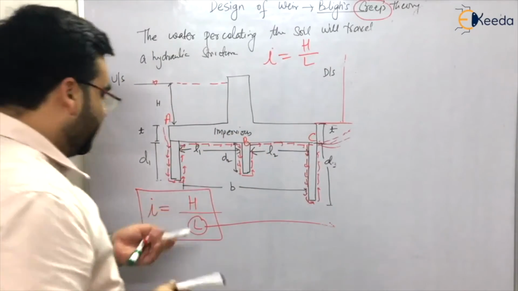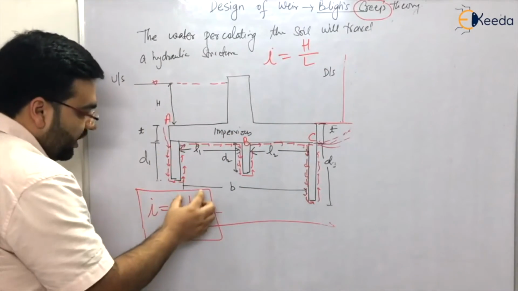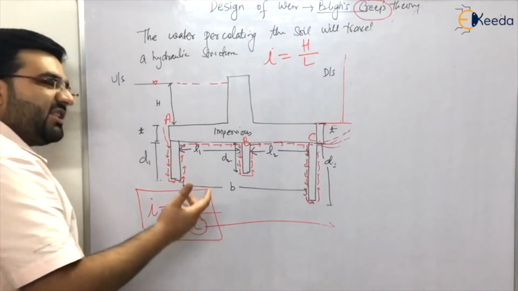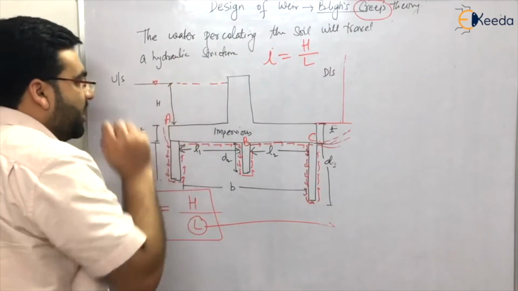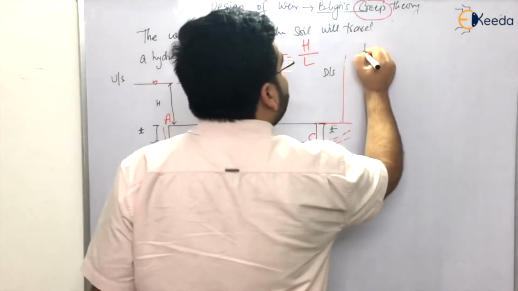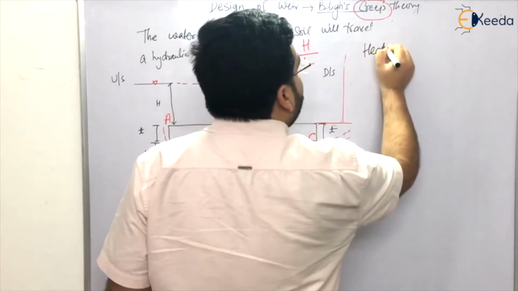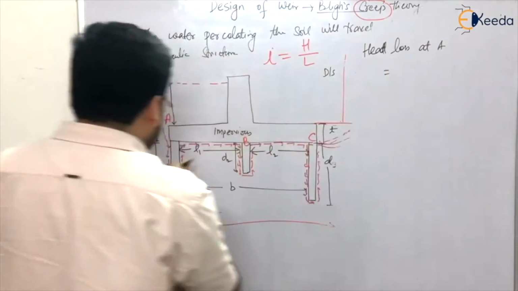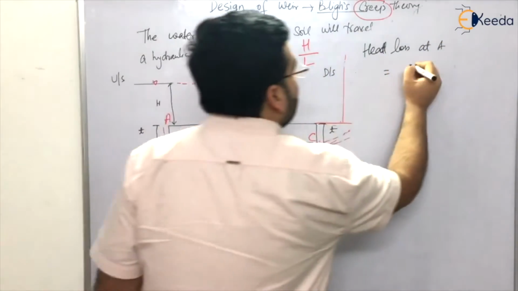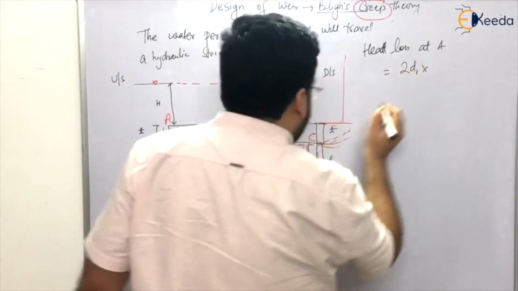So it is very simple. So if the rate of head loss, so what is H by L? Rate of head loss, right? If the rate of head loss is this, what will be the head loss at this point? Head loss at A will be equal to D1 plus D1, that is 2D1 into I. I is how much?